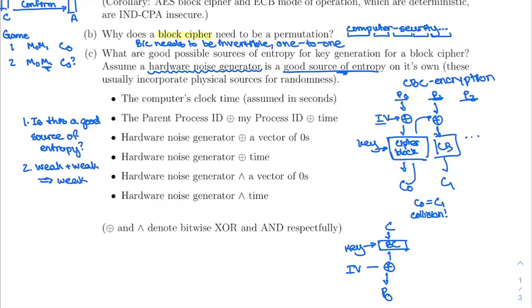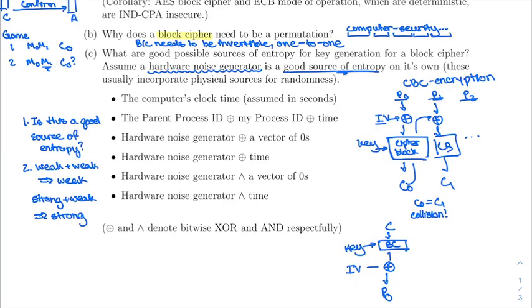Putting together a bunch of weak sources of entropy doesn't make the resulting output stronger, it's still weak. On the other hand, if I pass in a strong source of entropy with any other entropy, it could be weak, it could be strong, the result is going to be strong. Again, if you're combining entropy, there are cases where entropy is removed, and it'll be removed more because of the operation.